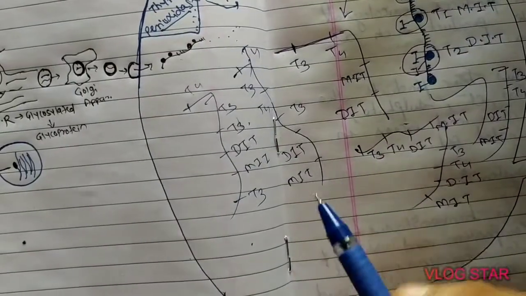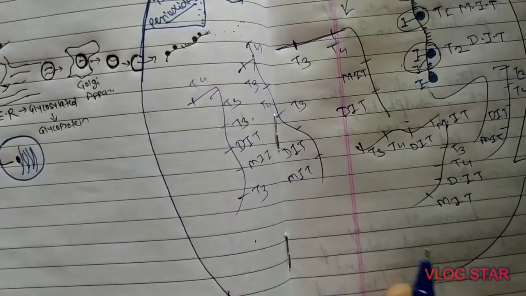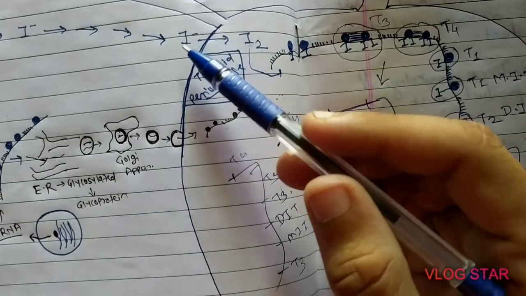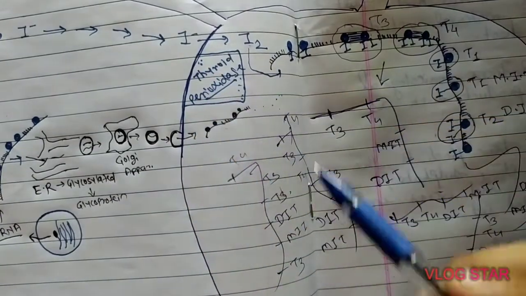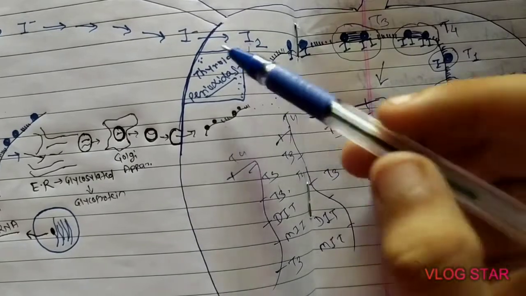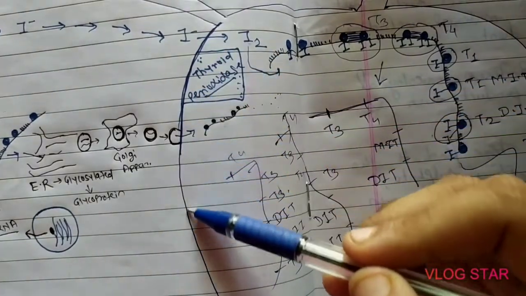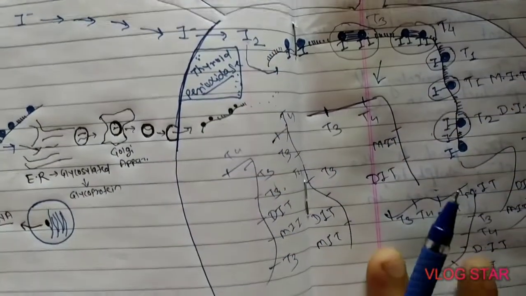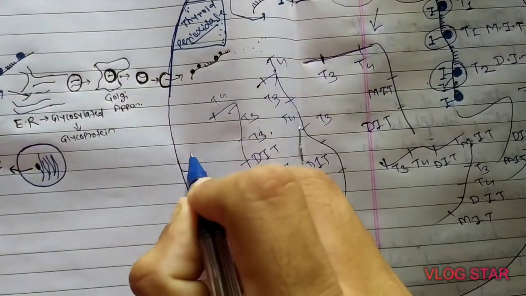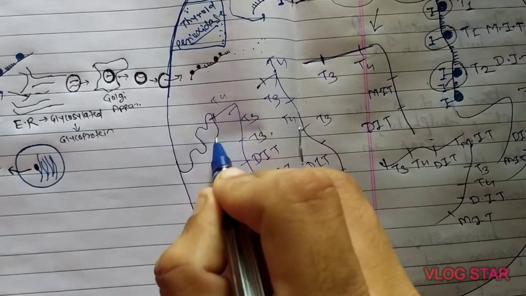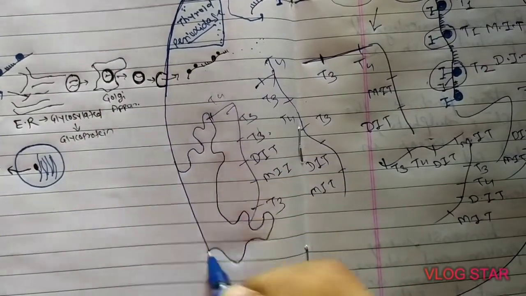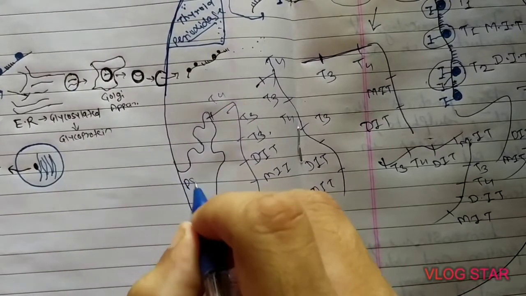So once this colloid, the mixture of thyroglobulin, gets formed, the apical membrane of the thyrocyte cell gets converted into a pseudopod.